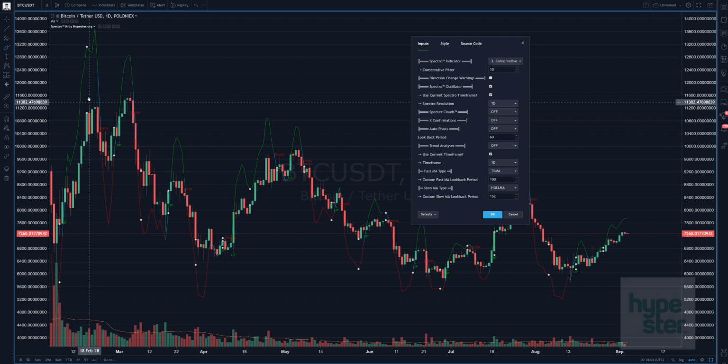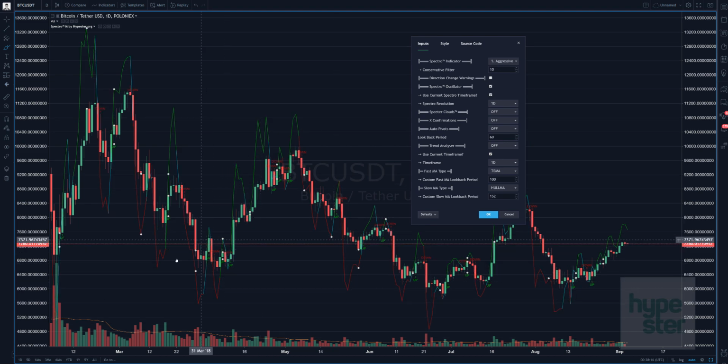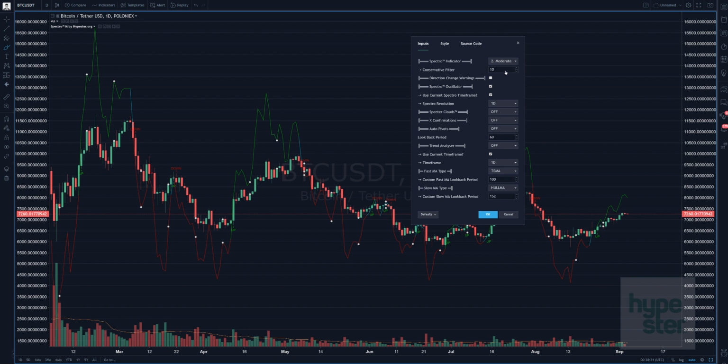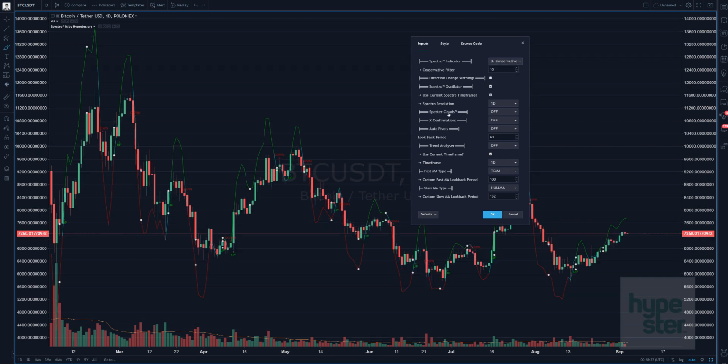I want you to look at the difference when I change the modes here. Aggressive, boom. You see how jumpy and reactive it gets. Moderate, a little less, and then conservative.